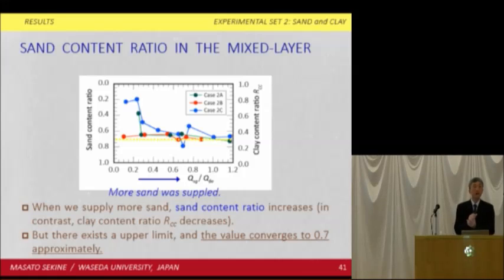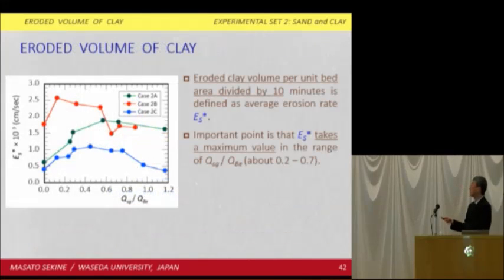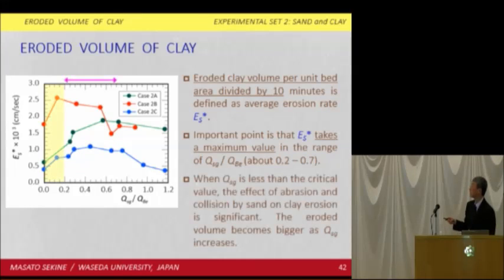Here is the final figure I would like to show you today. This figure shows a relation between eroded clay volume per unit bed area divided by 10 minutes against the sand supply rate. The important point is that eroded clay volume takes the maximum value in the range around here.